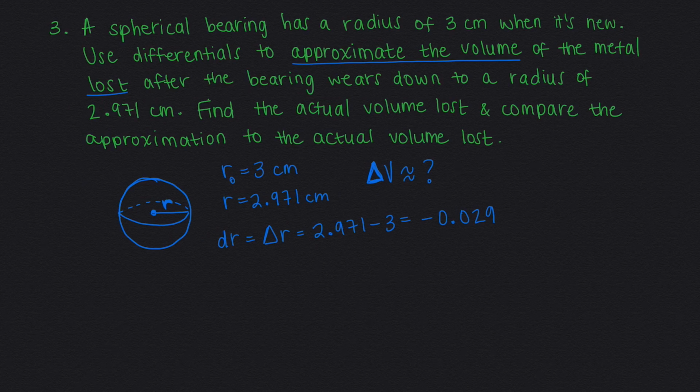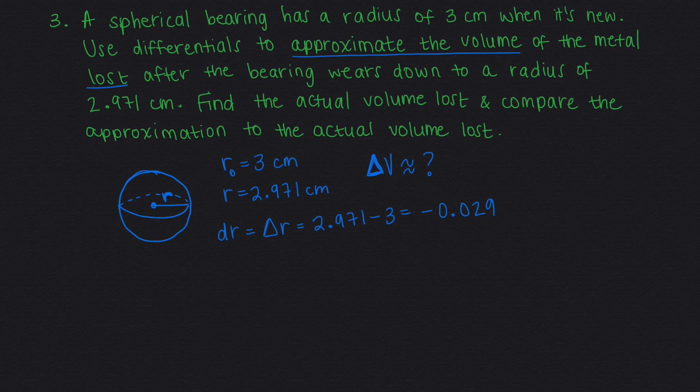And this is a value that is very, very close to 0. So we should be able to use differentials to get a pretty close approximation. Since our change in r is very close to 0, then we expect our actual change in volume to be approximately our dv, or differential of v, which would be v prime of r naught times dr. And that's going back to the equation that we derived way in the beginning of the lesson.